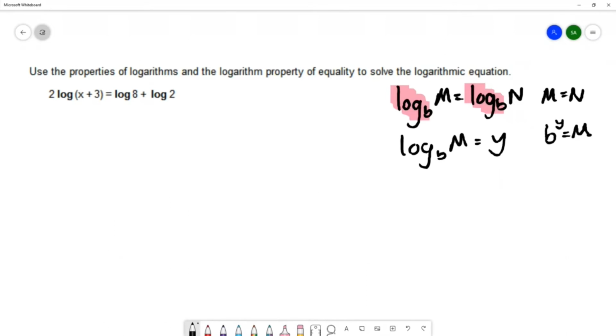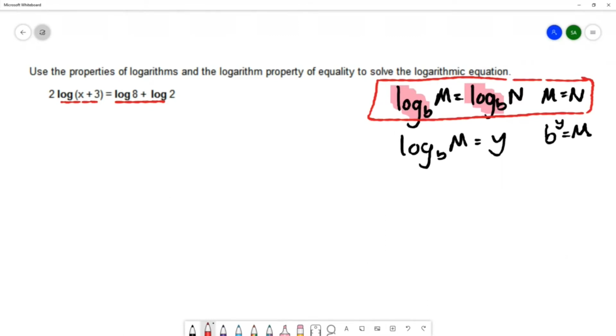So sometimes if you know those two strategies, you can use what you have in the problem to give you clues on what to do. So I notice that I have a log on the left and logs on the right, and so that indicates to me that I want to use this strategy because it has logs with the same base on both sides.